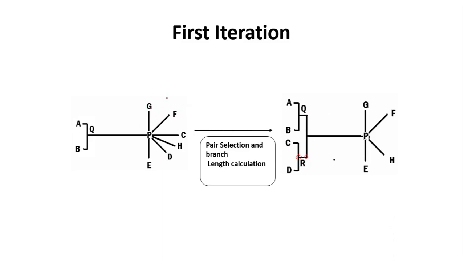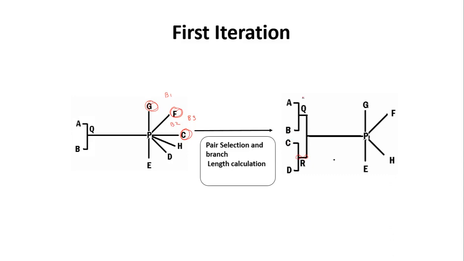Whatever sequences are remaining in your star now, you would randomly select two and calculate the branch length, then select another two and calculate the branch length B2, then select a third one and calculate the branch length B3. You do pair selection and branch length calculation for the remaining sequences in your star. And of the branch lengths at this iteration, you would find whichever is the lowest, and use that branch length and the corresponding sequences as the next neighbors.